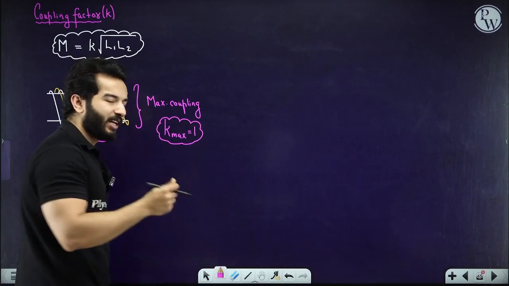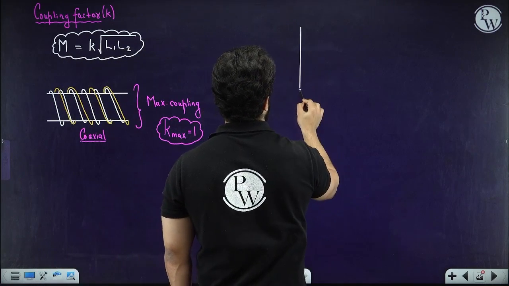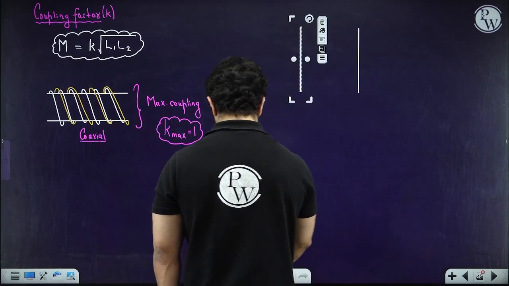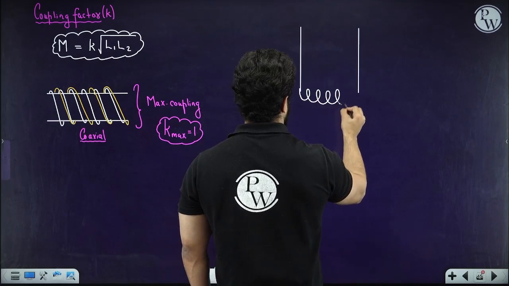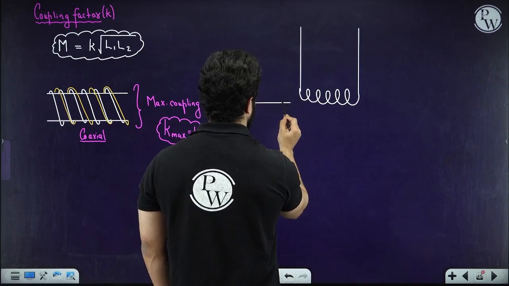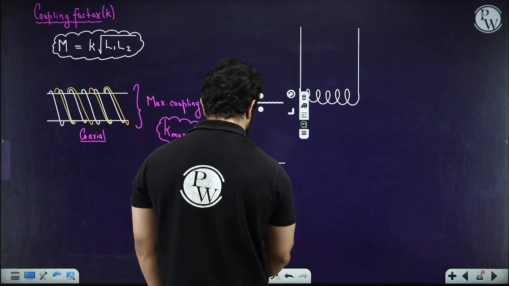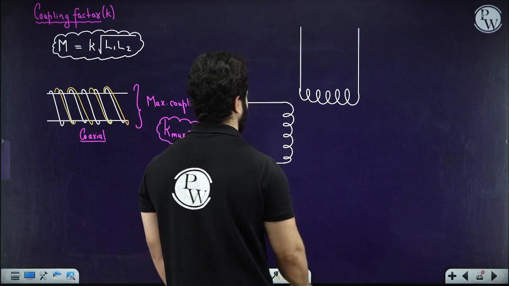And when will it be minimum? The minimum case is going to be something like this. Let's suppose you have one coil like this, and the other coil is at 90 degrees, perpendicular. That means the axes of both of these coils are perpendicular to each other, right?